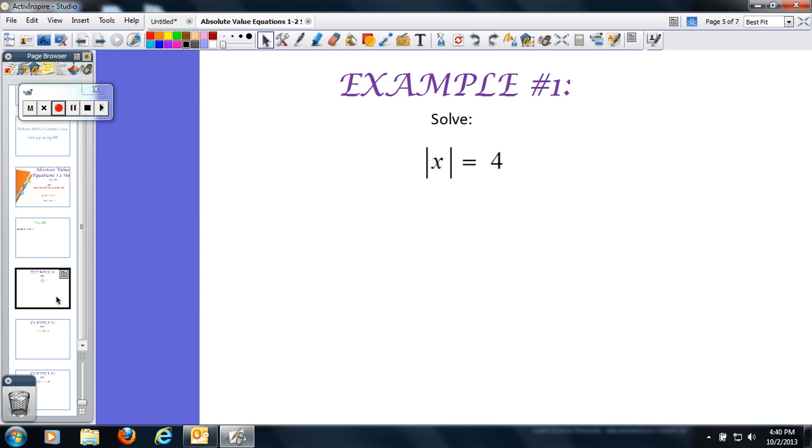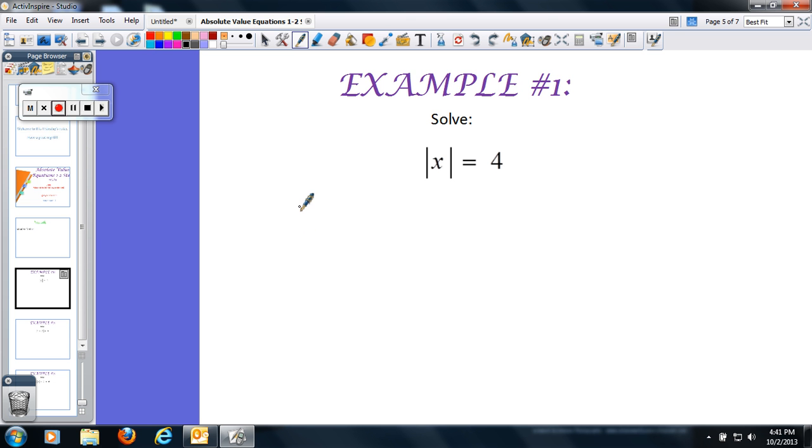So let's go ahead and get started. Example number 1 is just a basic absolute value problem, and it's the absolute value of x equals 4. Now, absolute values, we know, and my little board shut off, so hold on, let me get this back up and running. An absolute value, we know, what it means is that you make whatever number is inside here become positive, okay?